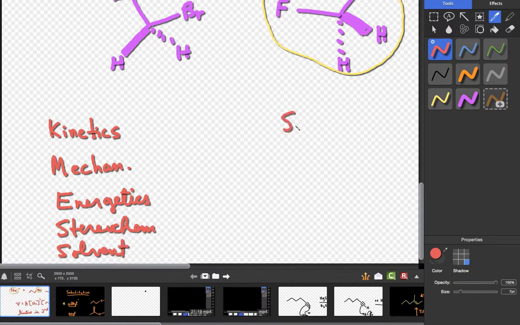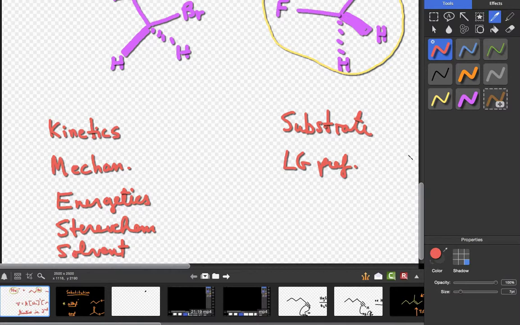We can look at substrate preferences. We can look at leaving group preferences. These will be different between SN1 and SN2 with the exception of leaving group preferences. Typically, the more stable the leaving group or the bigger the atom, the more reactive the substrate will be. For example, iodide is a better leaving group than bromide, which is a better leaving group than chloride, and F- is absolutely terrible.